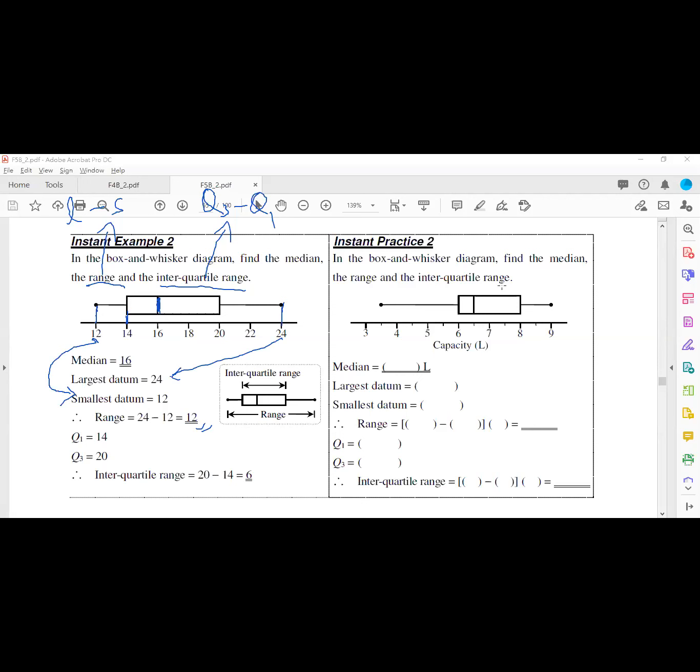That is 14. And then Q3 is the position of the right side of the rectangle. That is 20. So Q1 is 14, Q3 is 20. And then the IQR, the interquartile range, is Q3 minus Q1. So that is 20 minus 14, which is equal to 6 in this case.